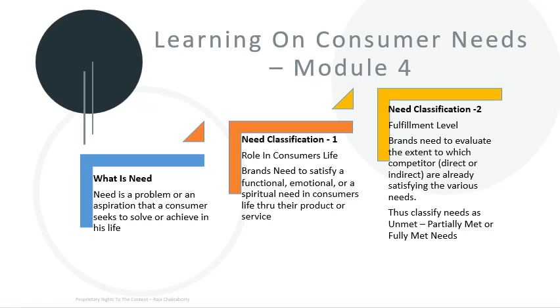If you can solve such a need, you will have a greater chance of success, versus competing through a product or service offering the same need which other competitors are already meeting. So that's the way to look at needs and their classification.